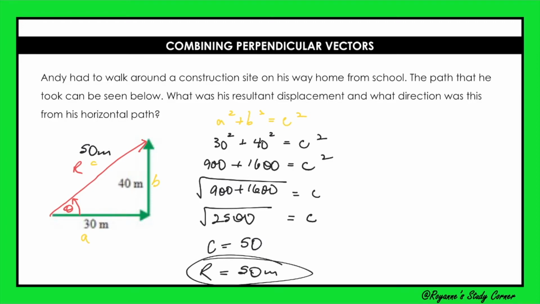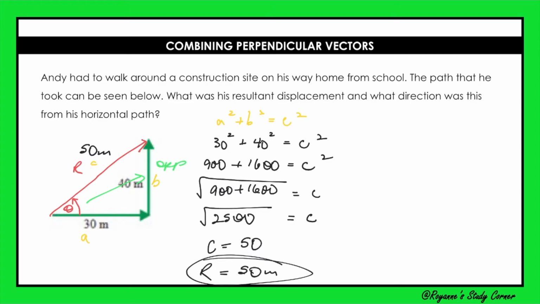Now we still have to find the direction from his horizontal path, and remember that just means what is the angle between the horizontal path and the resultant. So if we look at this, we have this angle here, and if we think about trig, the side that is opposite the angle is what we call opposite.